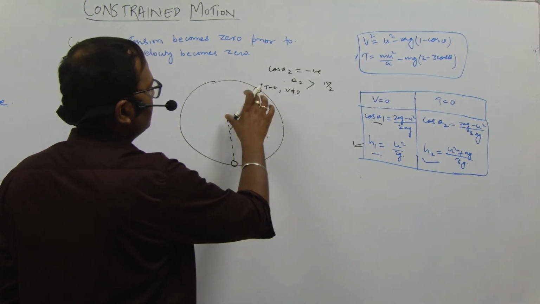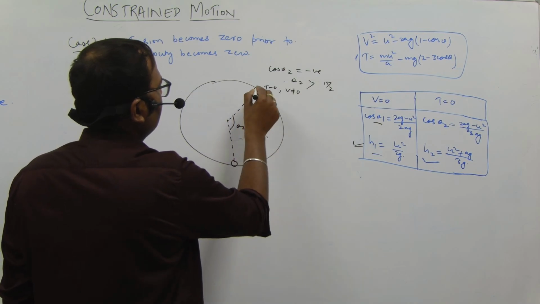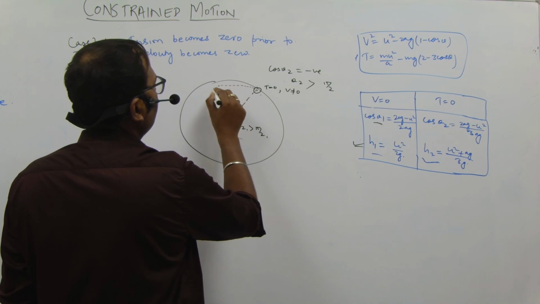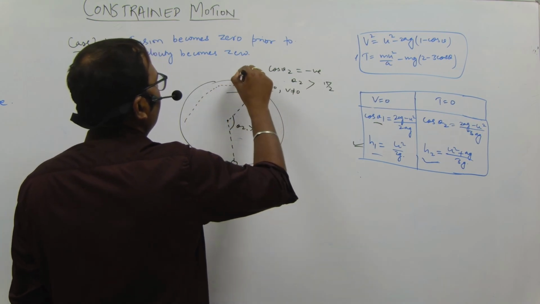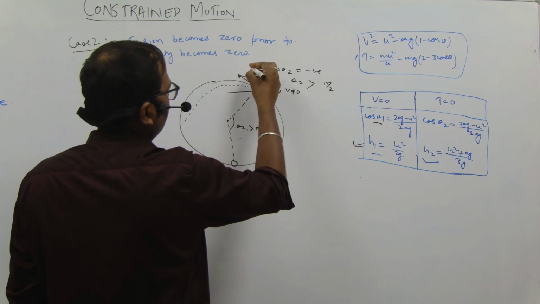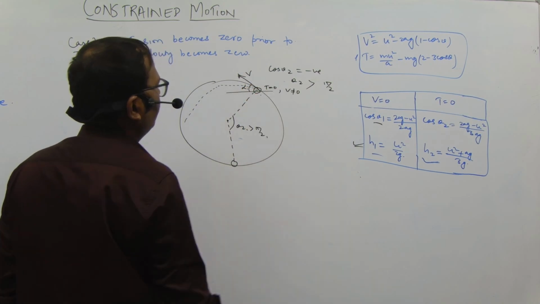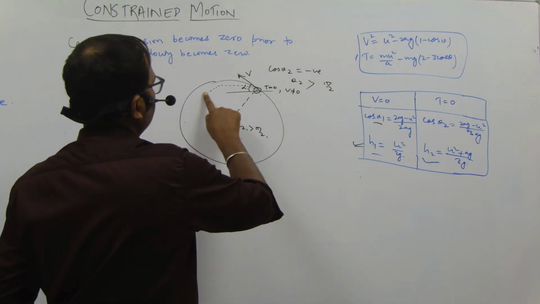Because the tension becomes 0, it will leave the circular path and start following a parabolic path like this. It will move with a velocity say v, at an angle of inclination alpha.